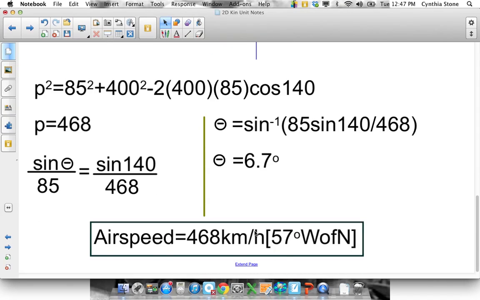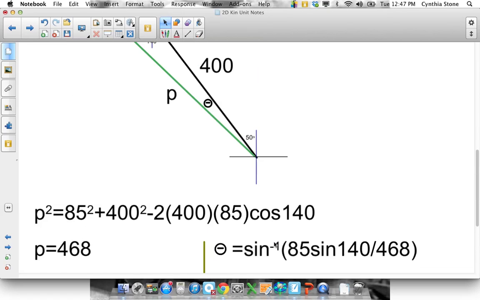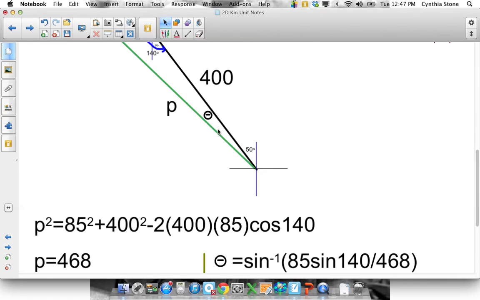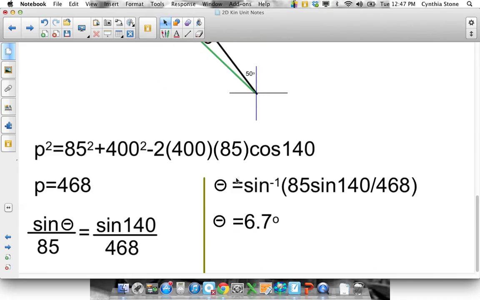Solve for the angle with sine law, isolate theta: 6.7. I rounded that to 7 down here. So there's 7 degrees in here, and the required airspeed direction is 57 degrees west of north.